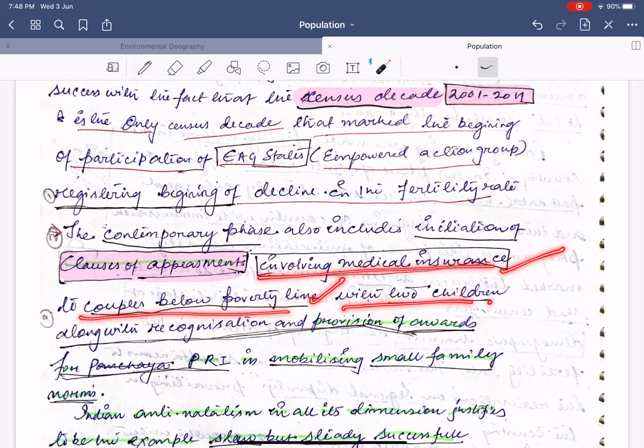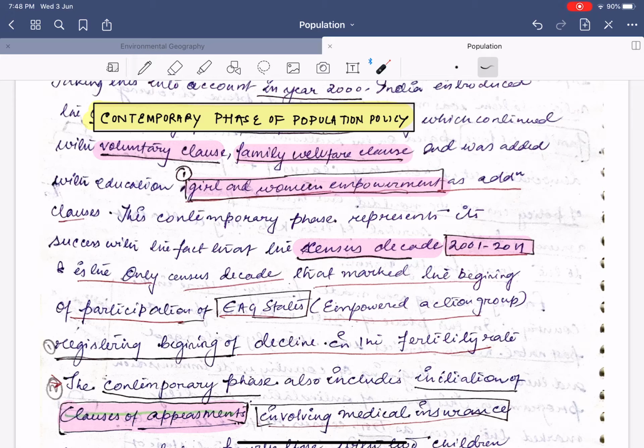Next, India's antinatalism in all its dimensions justifies being an example of a slow but steadily successful antinatalist country. See, if you have understood this contemporary phase and this family welfare phase, then understand that India today is witnessing a demographic dividend. What is this demographic dividend? The demographic dividend is nothing but the age group that we have, the maximum age group of people, that is 15 to 59, who are in the working group.